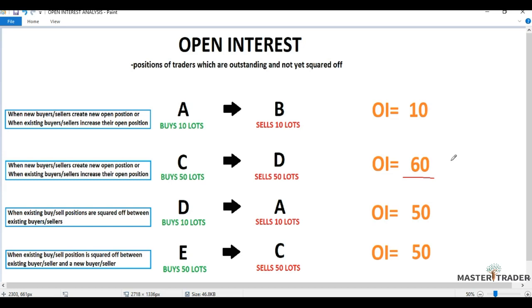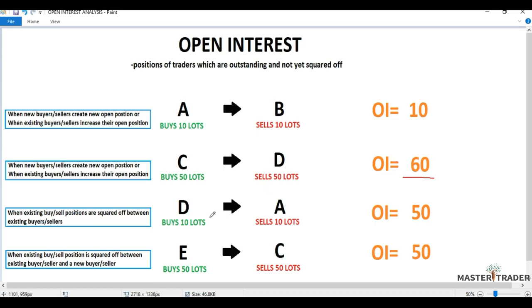Let's look at the third example. When we have an existing buyer or seller position that is squared off between an existing buyer and seller. Earlier we had D who sold 50 lots.